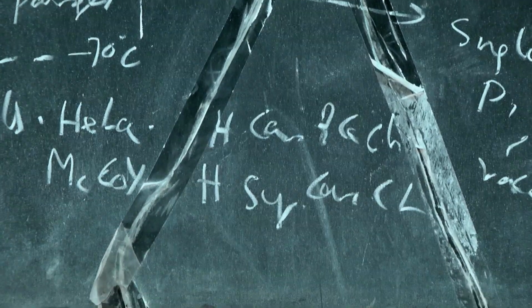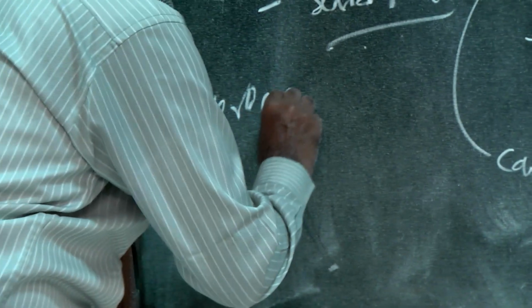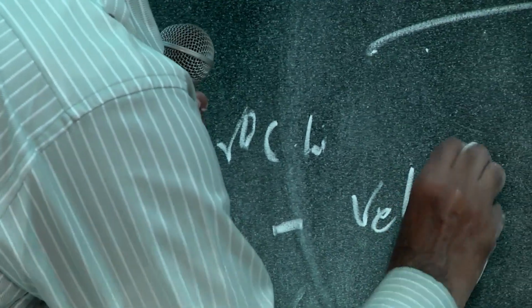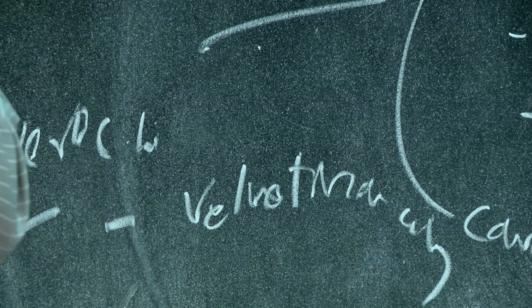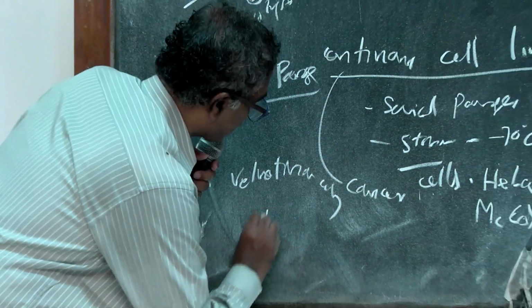There is another one called the Vero cell line, derived from the velvet monkey, and this velvet monkey cell line, also called the Vero cell line, is also used for the development of rabies vaccine.